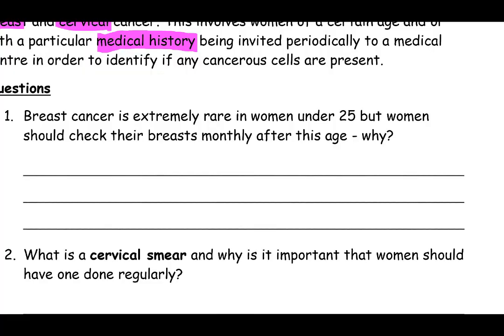Now, a few little questions relating to this then. So firstly, breast cancer is extremely rare in women under 25, but women should check their breasts monthly after this age. Why? Well, if they find any lumps, they may indicate cancerous cell division.